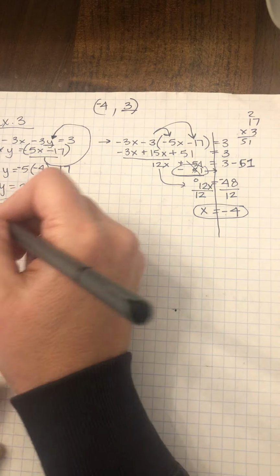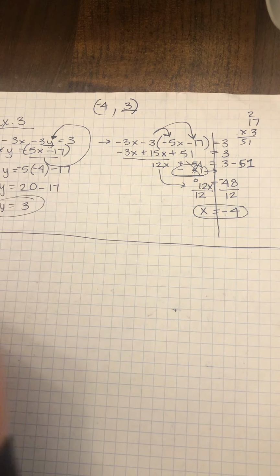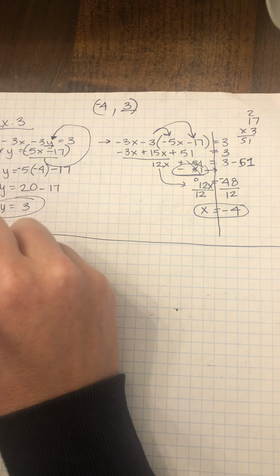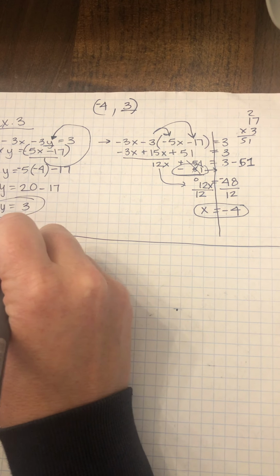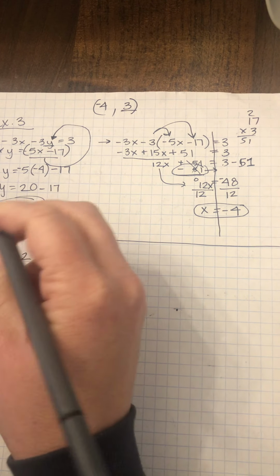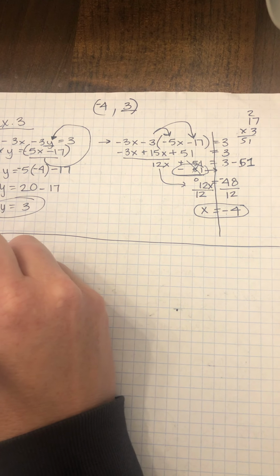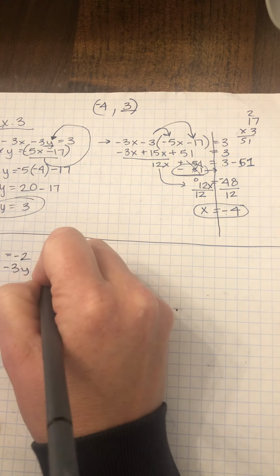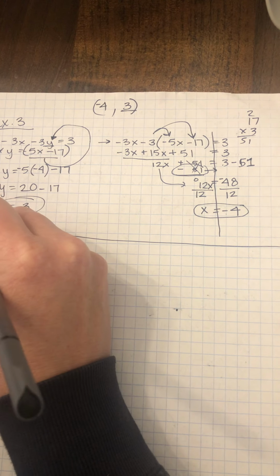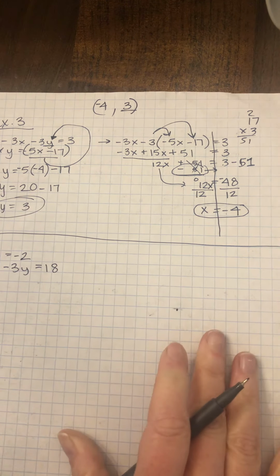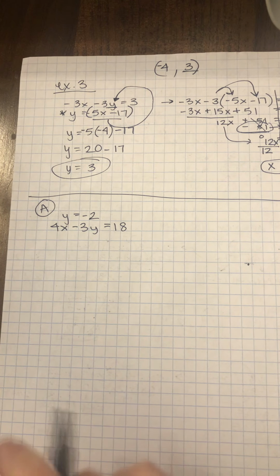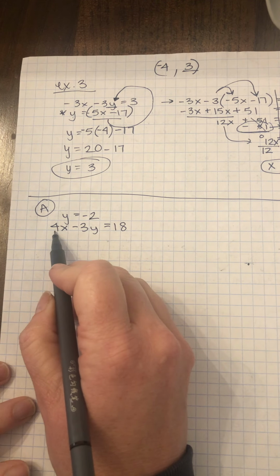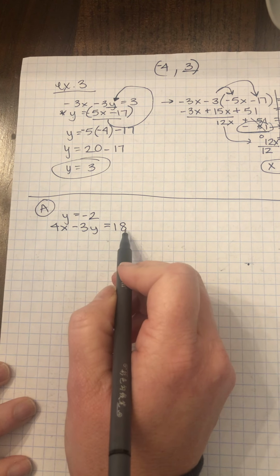Okay, here are your problems. These aren't in the book. I picked these special for you. Okay, so try these out. We're going to call this A. A for you to solve is y equals -2x, and then 4x minus 3y equals 18.